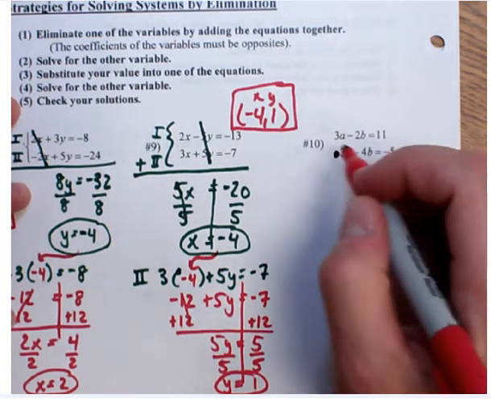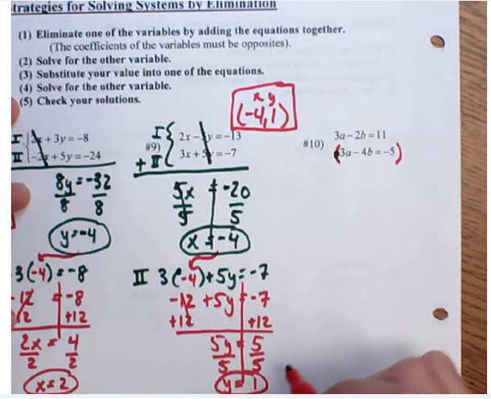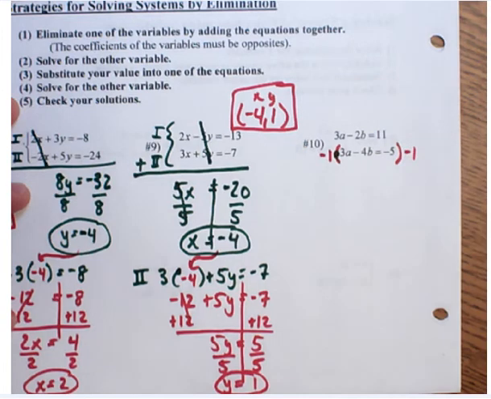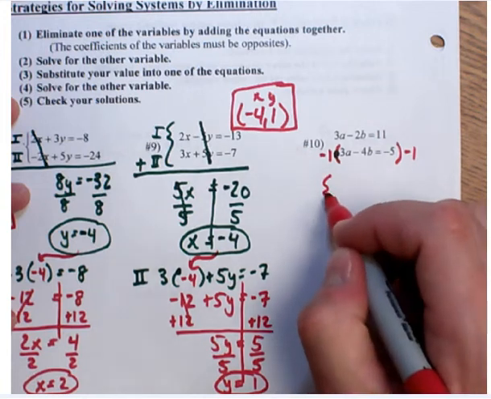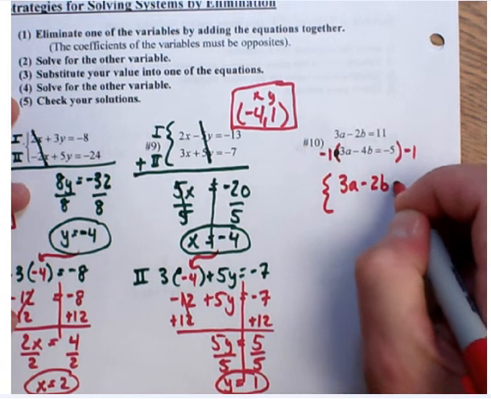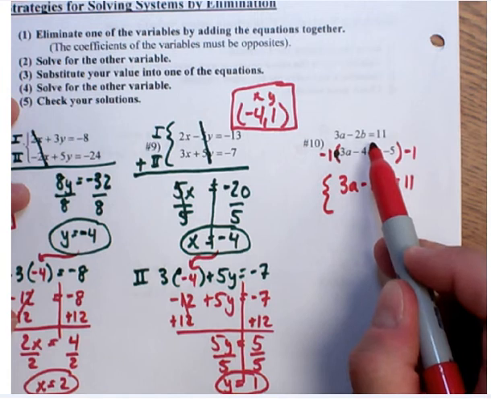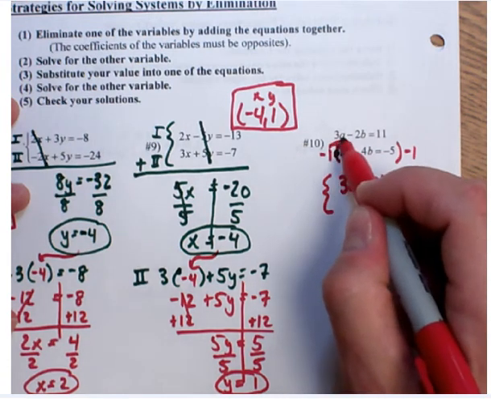So what I can do, I'm going to take the bottom equation. I'm going to multiply both sides of the equation by -1. Now what this does, the top equation does not change. I just copy that down. We didn't do anything to that. Now the bottom equation, when you multiply by -1, that's like distributing.